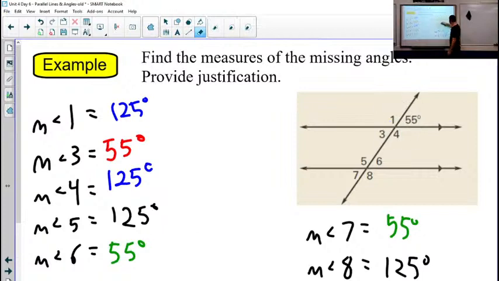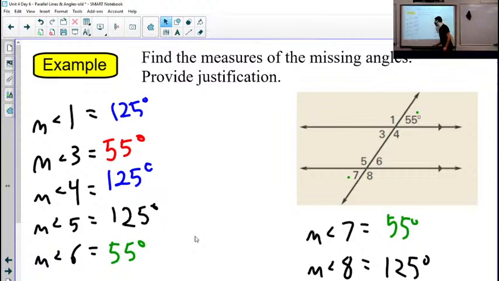For example, the 55 degrees and angle 7 are alternate exterior angles. This one's on the right, this one's on the left of the transversal, outside the parallel lines, alternate exterior. And so they're going to be congruent. So this one's 55, this one's also 55.